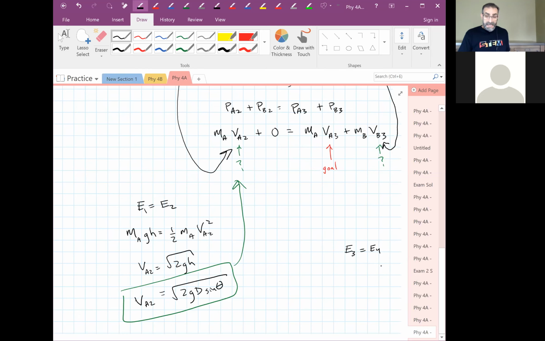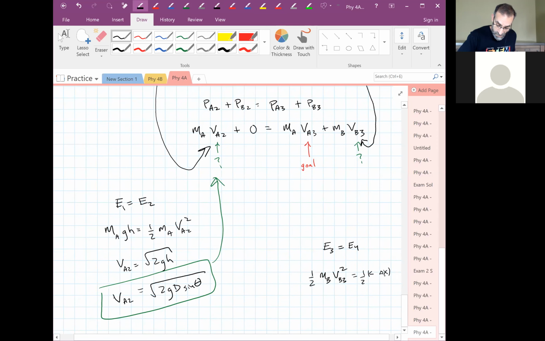So at time 3, block B was moving with a lot of kinetic energy, 1/2 m v squared. And then it compressed that spring until it stopped moving, and all of its energy is now stored in potential energy of the spring, 1/2 k x squared.